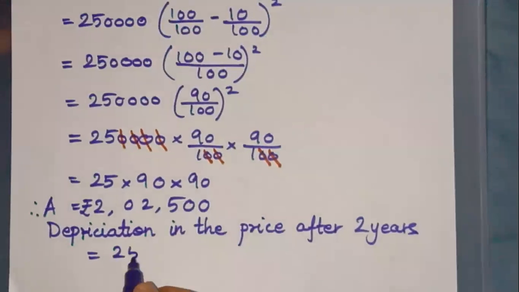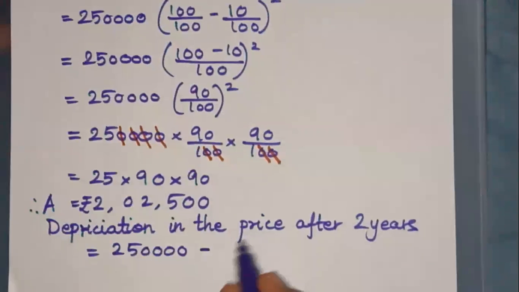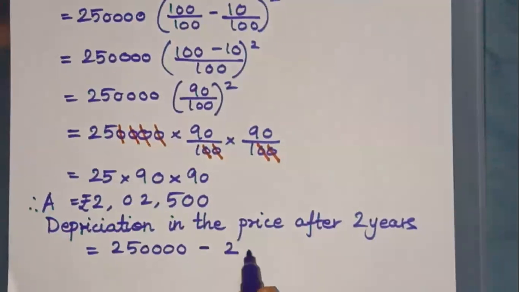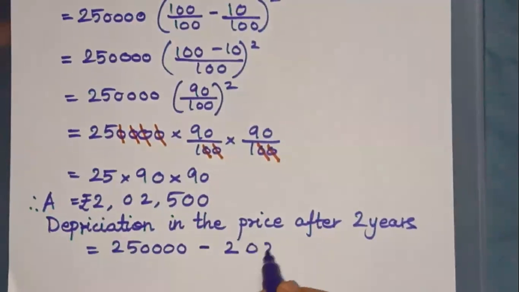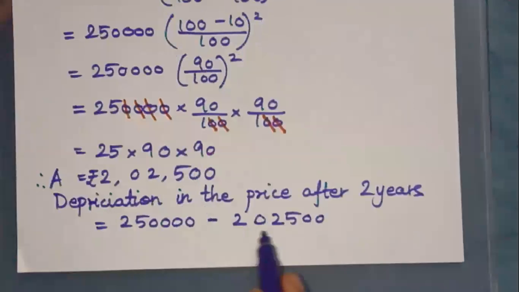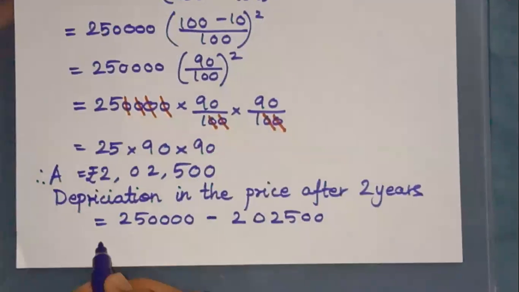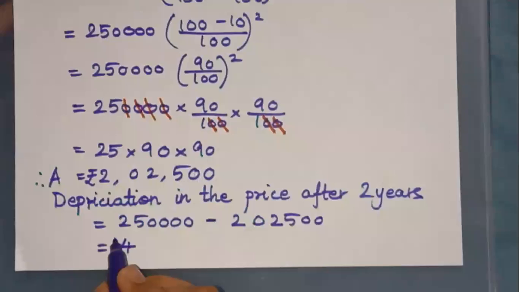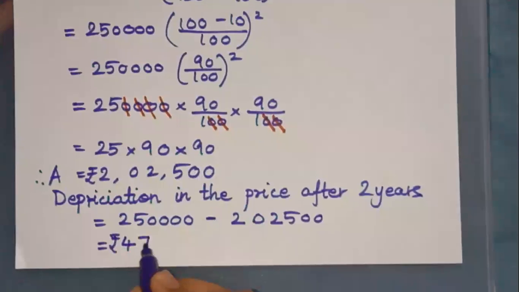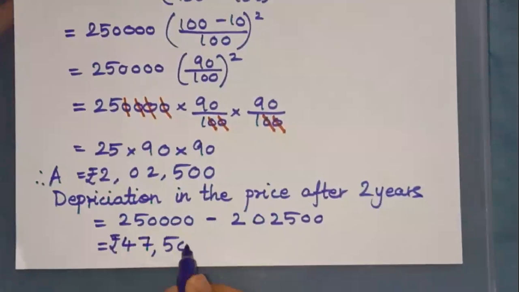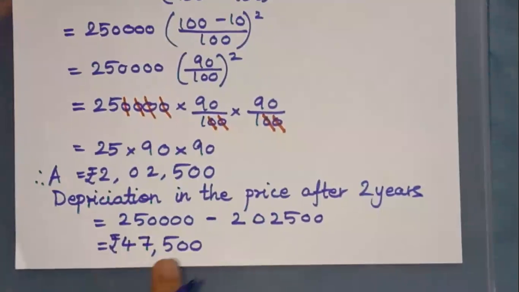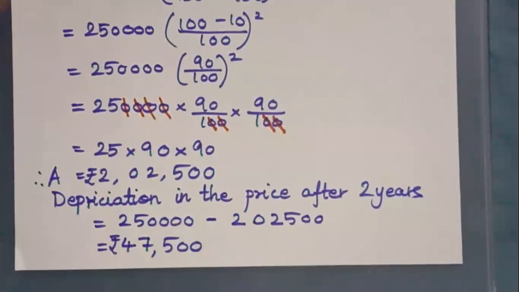So 2,50,000 will be subtracted with the amount that we have found out, that is 2,02,500. When you subtract these two, you are going to be left with rupees 47,500. So this is your depreciation after 2 years.